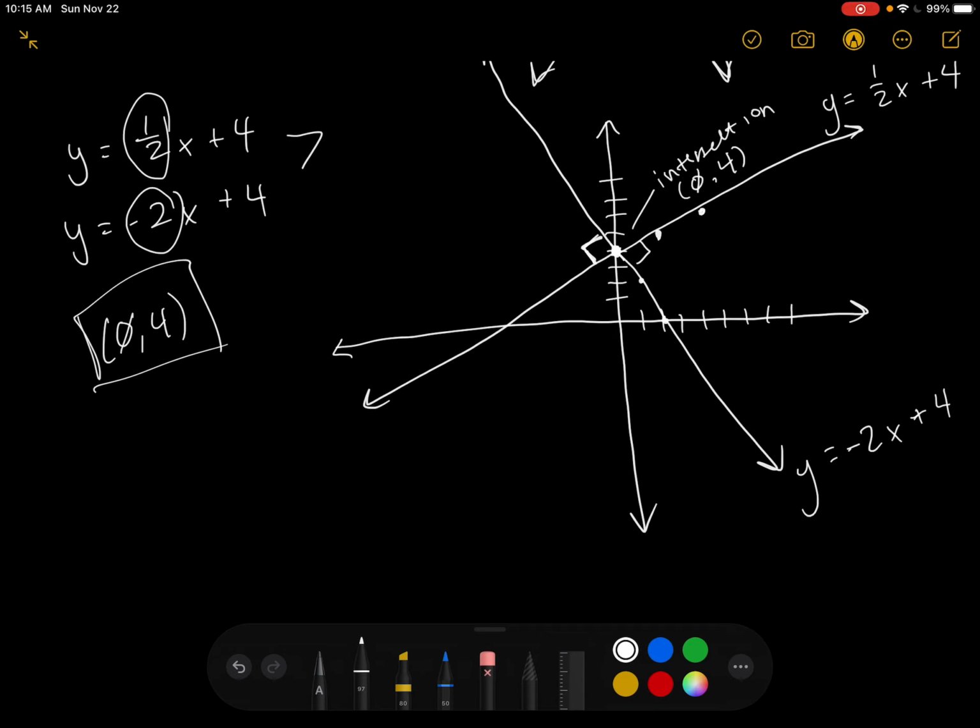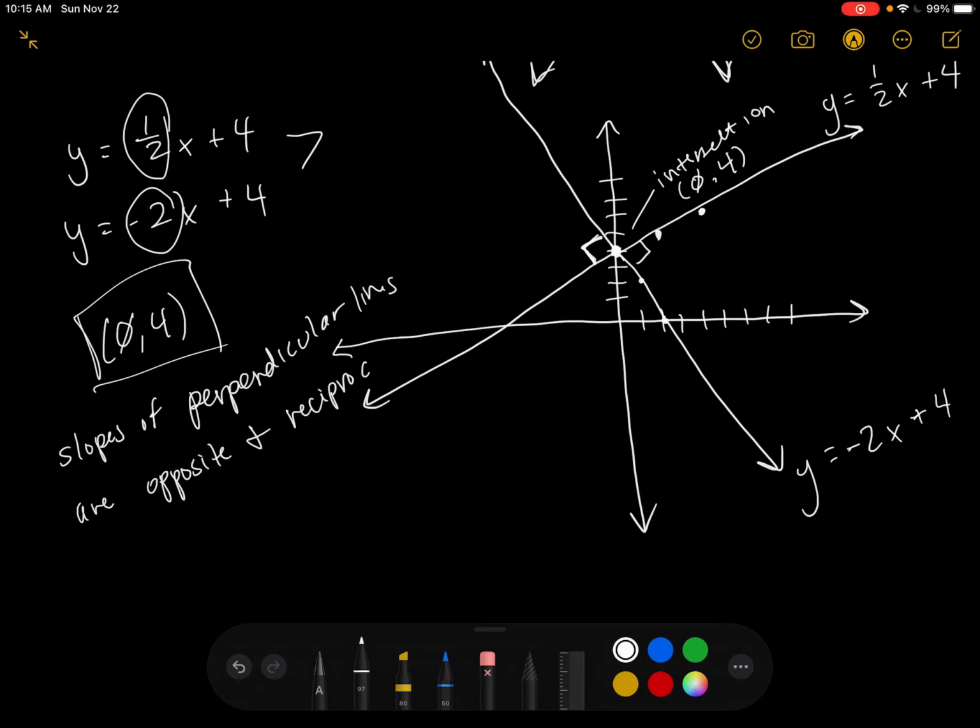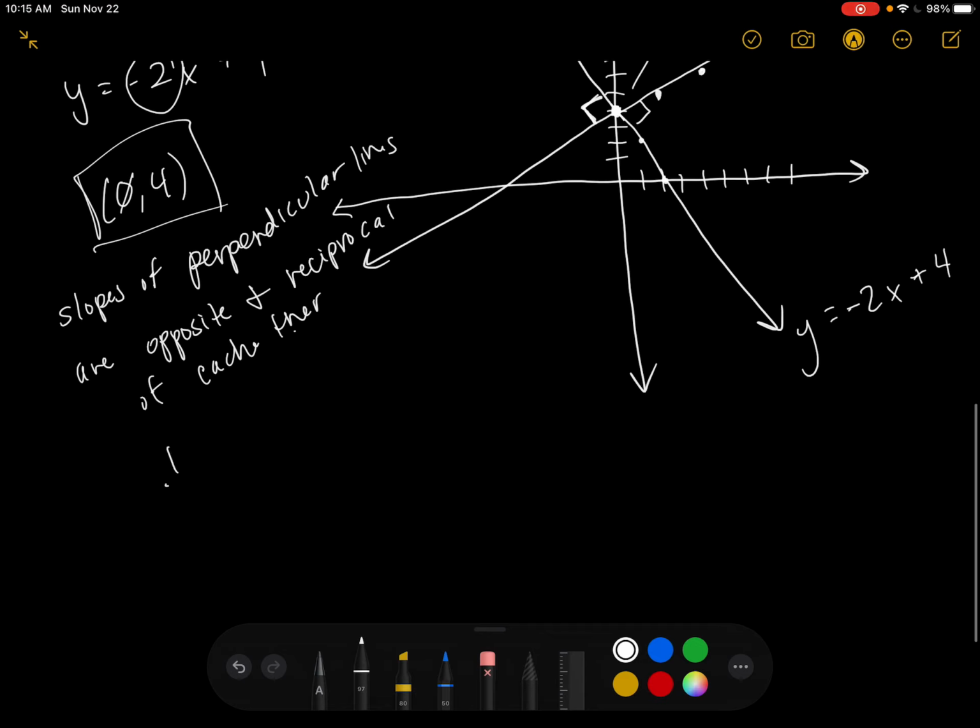If you look at the slopes, right, the slopes of perpendicular lines are the opposite and reciprocal of each other. Right, so the slope of one line was 1/2.